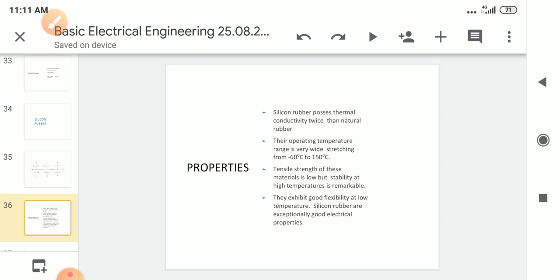Silicon rubbers have exceptionally good electrical properties.